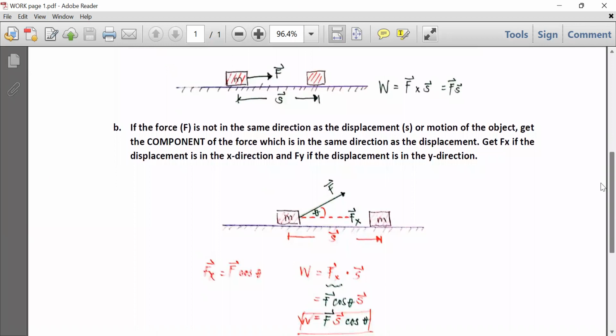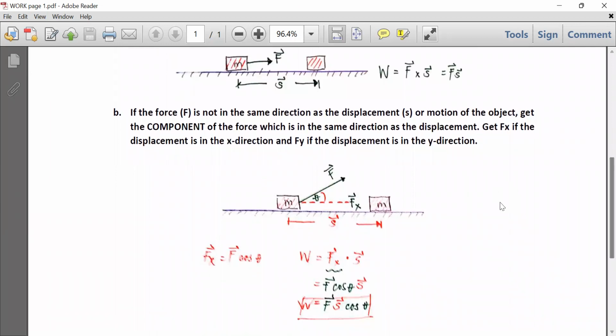If the force is not in the same direction as the motion of the object, you get the component of the force which is in the same direction as the displacement, and then you multiply that with the s, or displacement. Get the Fx if the displacement is in the x direction, and Fy if the displacement is in the y direction.